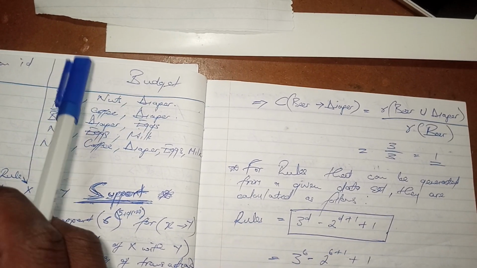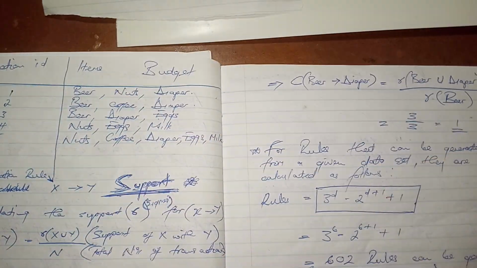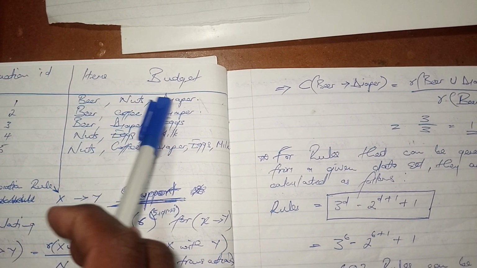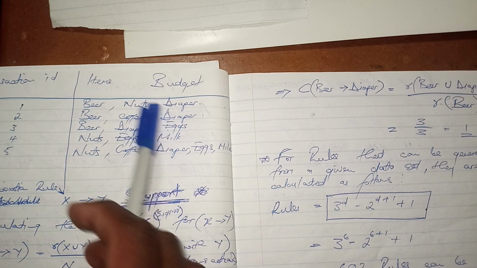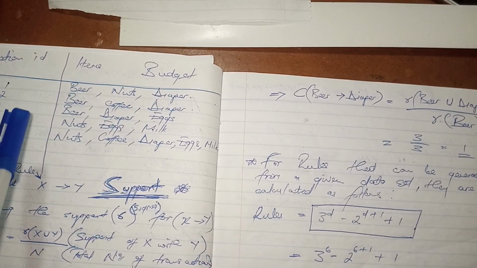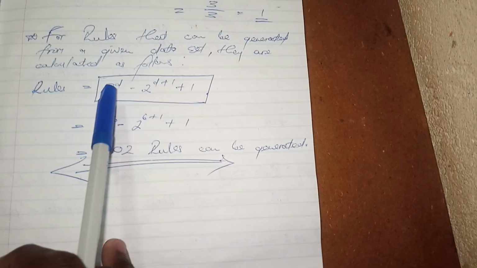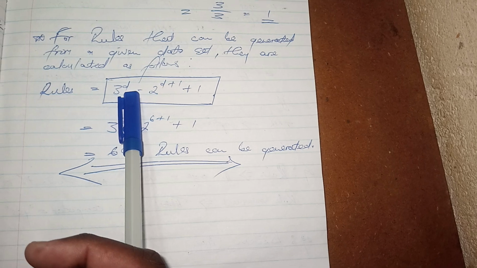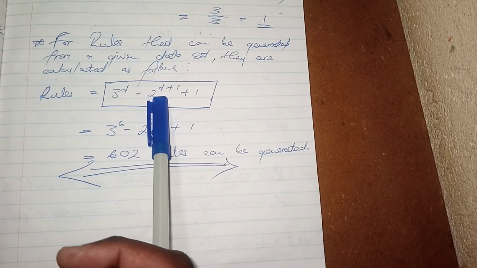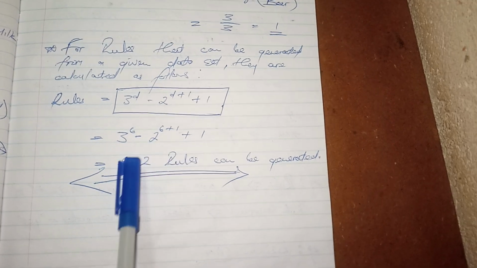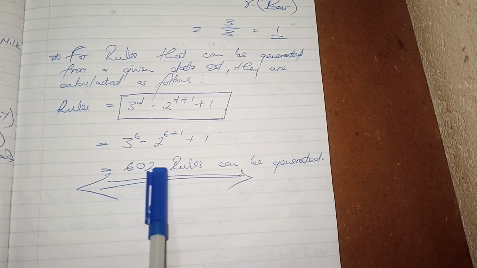We just want each item once. So on this table we've got 6 items, so d is equal to 6. So it is 3 to the power 6 minus 2 to the power 7 plus 1, which, if calculated, gives us 602 rules that can be generated from this table.